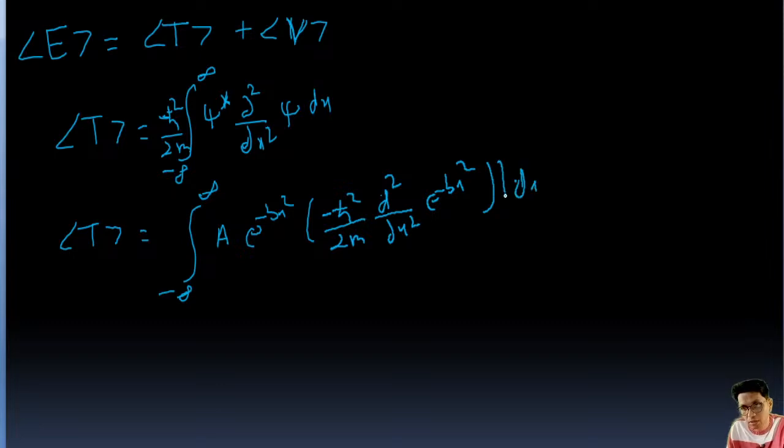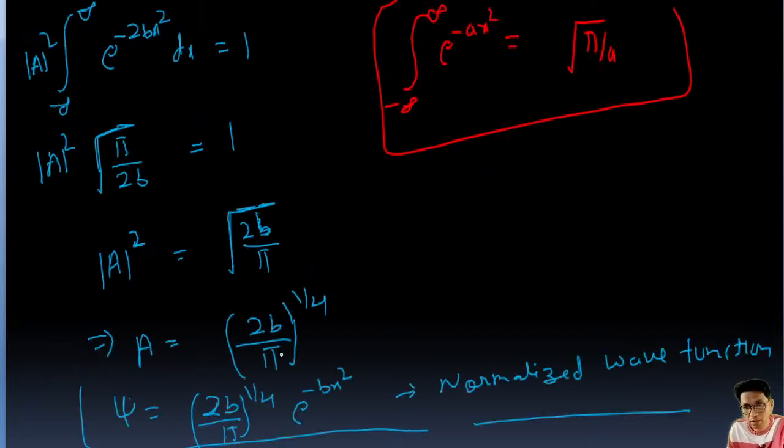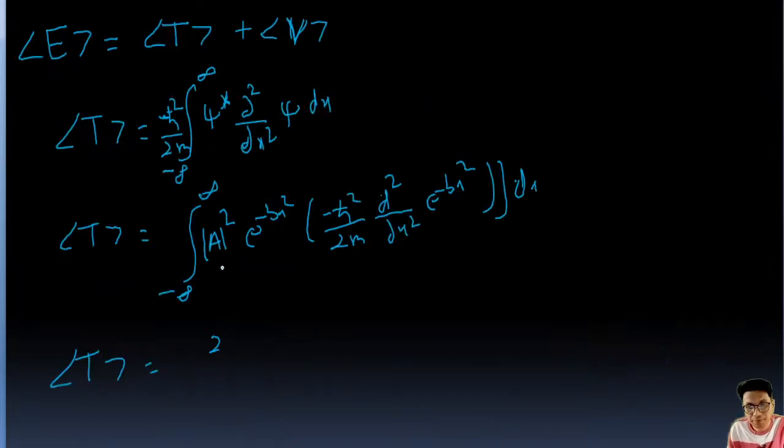Okay, this is dx. A is also there, so mod a square, whose value we know, I have already found, this is root 2b upon pi, minus integration from minus infinity to plus infinity, so this is going to be e to the power minus bx square.